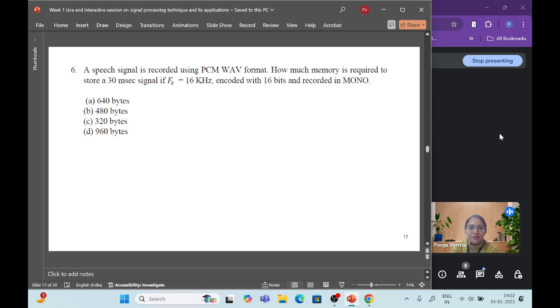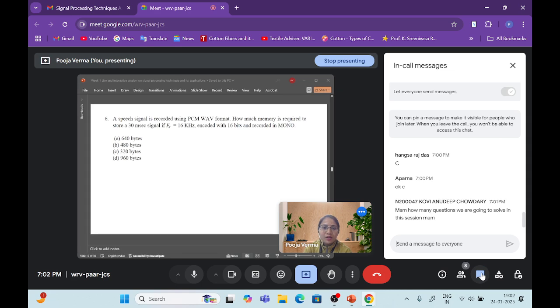Fs is given and how many bits it is encoded with. We need to find how much memory is required to store 30 milliseconds. And how many questions are we going to solve in this session? I have taken 18 questions right now.